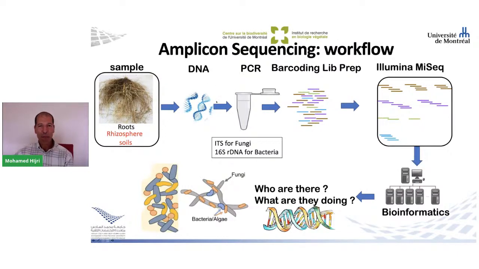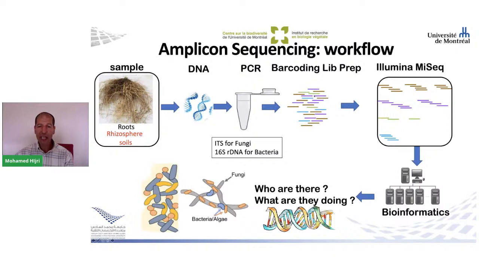Then we went for PCR, targeting ribosomal genes, 16S for bacterial communities and ITS for fungal communities. Then we do barcoding, typically giving each sample a unique barcode.